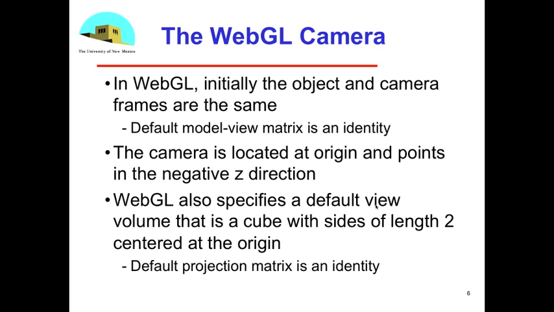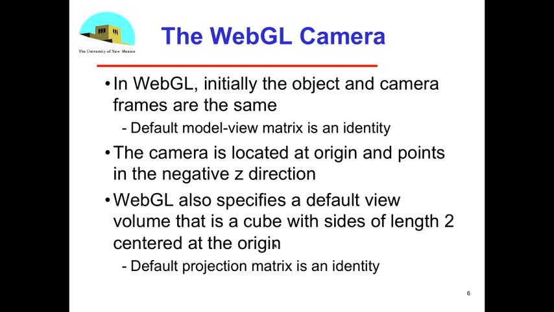And that fits in now with the WebGL camera, which by default is located at the origin in its own system, and it points in the negative z direction. Okay, and that clip coordinates, this is what we're seeing over here, is that cube with sides of length 2 going from -1, -1, -1 to 1, 1, 1.